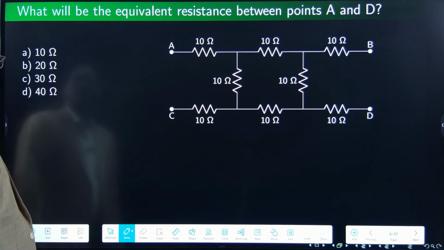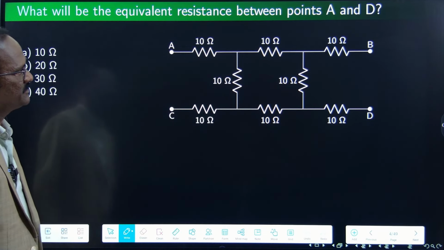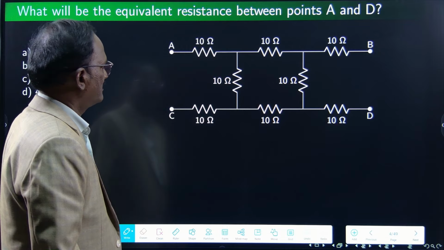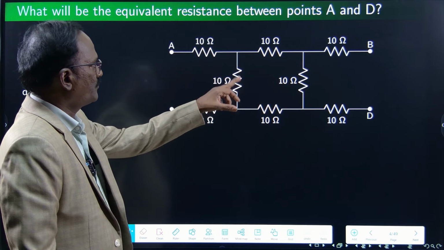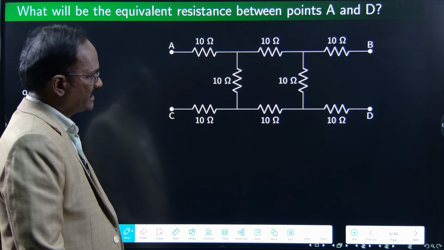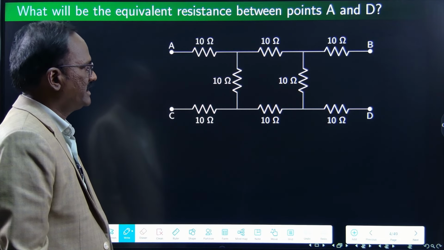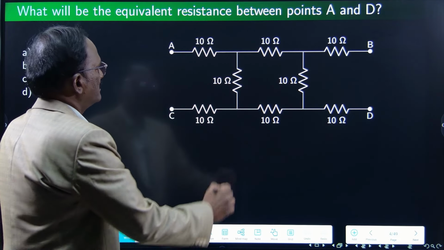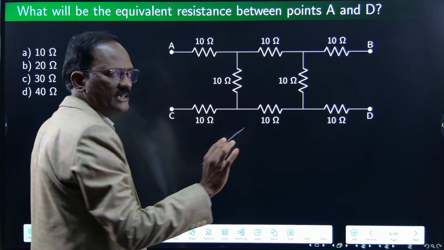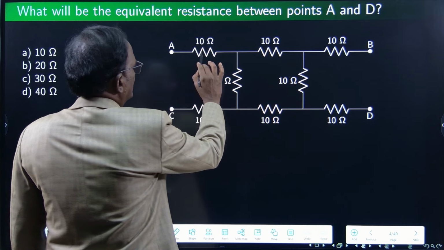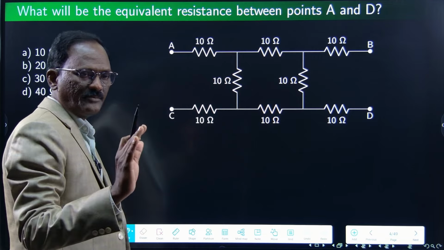This is problem number 1. What will be the equivalent resistance between points A and D? So 1, 2, 3, 4, 5, 6, 7, 8 resistors are given in this problem between A and D. Here, this 10 and 10 are not in series. This 10 and 10 are not in parallel.